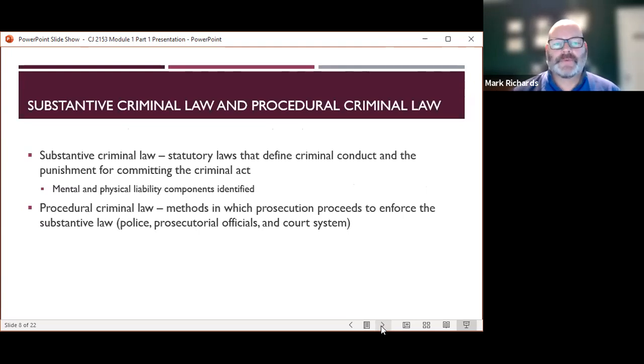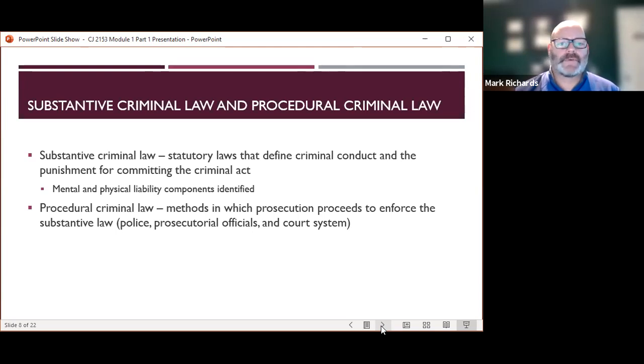Within our system of criminal law, there are two types of criminal law. The first is substantive criminal law. These are the laws that are created statutorily by legislative bodies that define criminal conduct and the punishment for committing the criminal act. In terms of substantive law, the mental and physical liability components of that act have to be identified and proven.